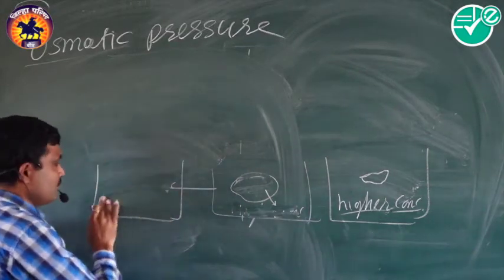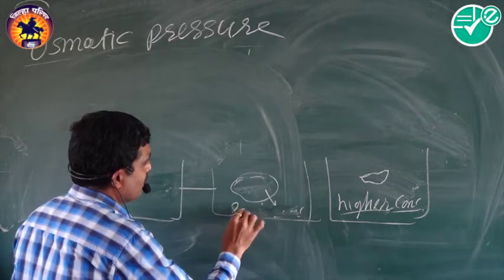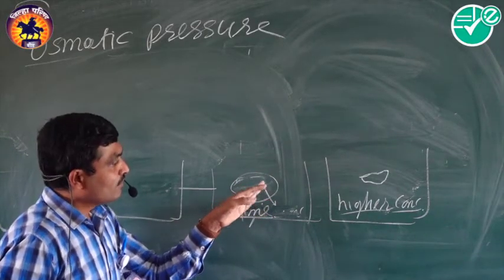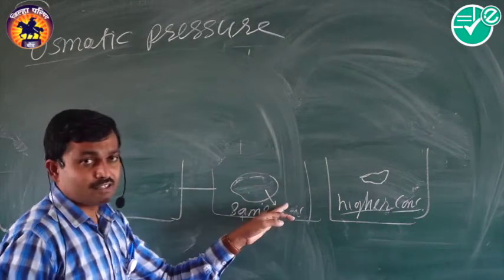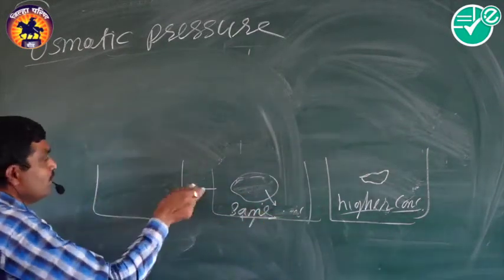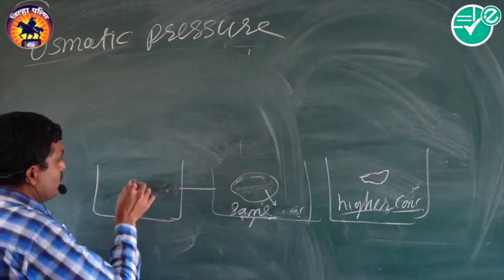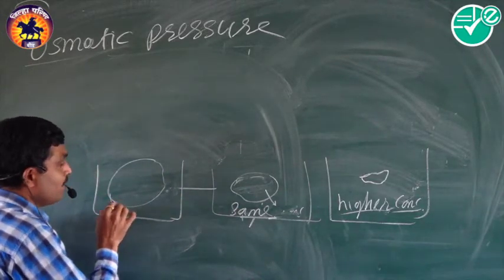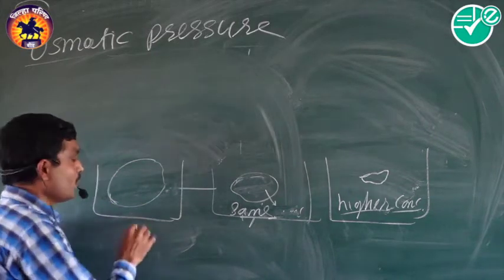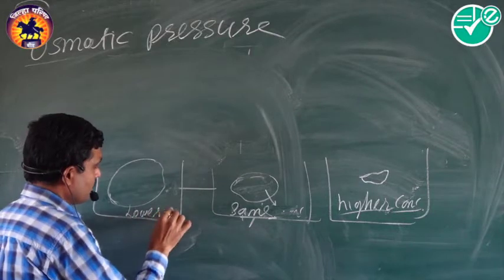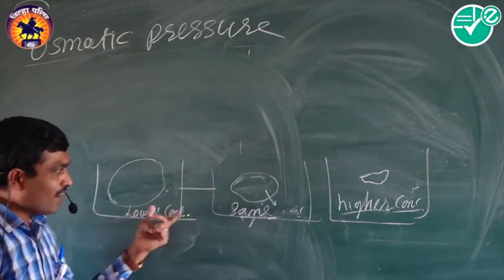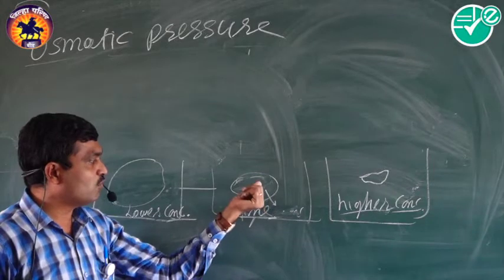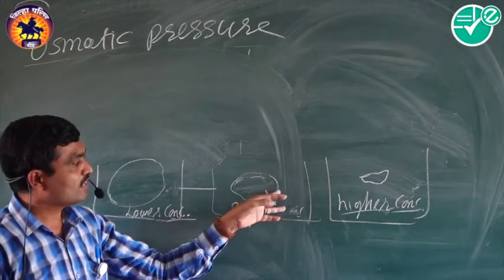If it is the same concentration, there is no net flow of solvent between the cell and the outside through the semi-permeable membrane.